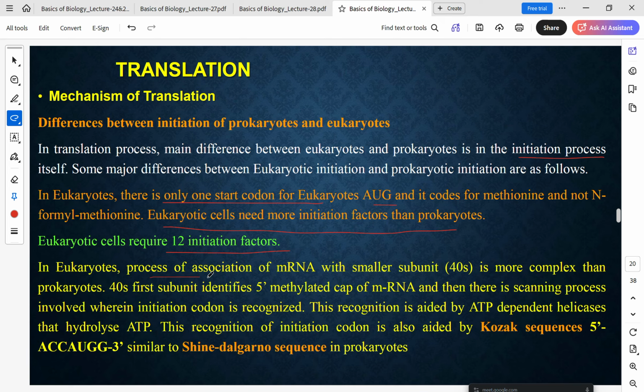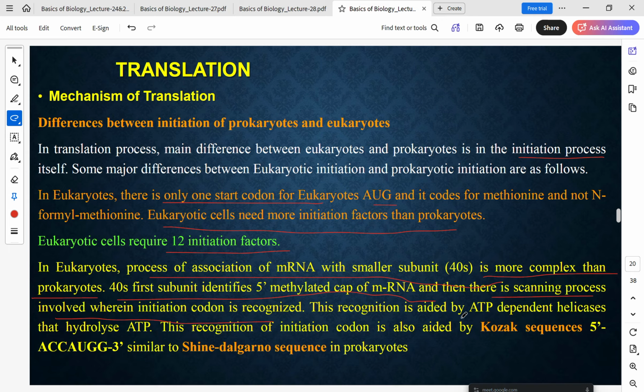In eukaryotes, the association of mRNA with the smaller subunit is more complex than in prokaryotes. The 40S subunit first identifies the 5' methylated cap, and then there is a scanning process wherein the initiation codon is recognized.